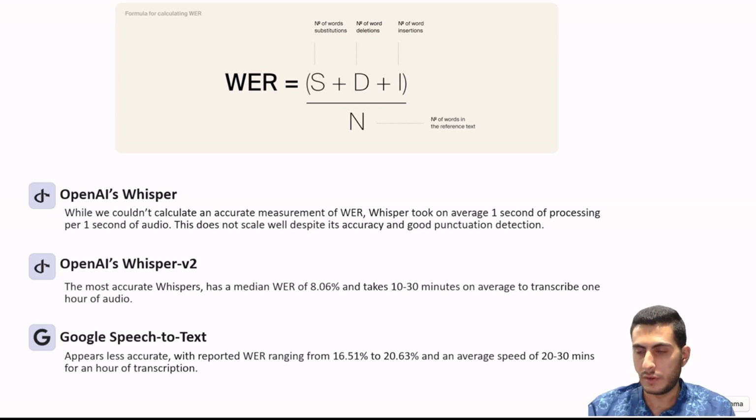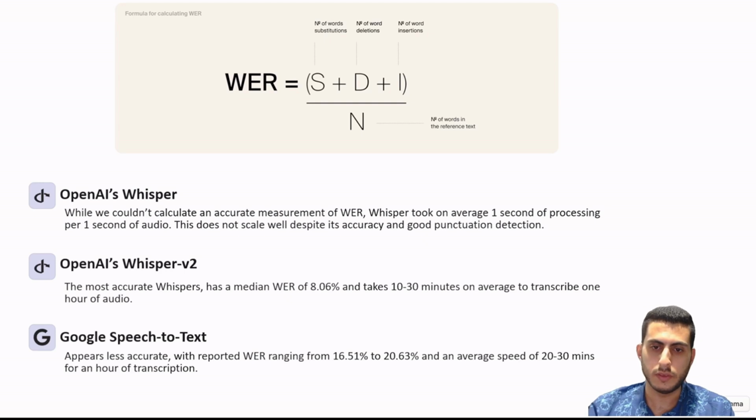It had a median error rate of 8.06%, and it took on average 10 to 30 minutes to transcribe 1 hour of audio. Now, moving on to Google speech to text, it appeared less accurate in their testing, with a reported error rate ranging from 16.5% to 20.63%, and an average speed of 20 to 30 minutes for an hour of transcription.